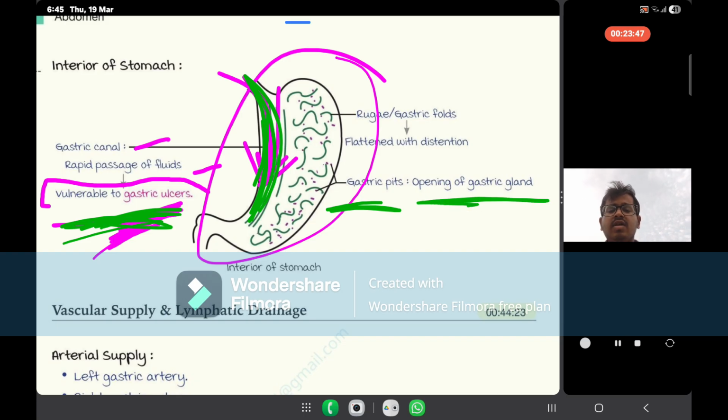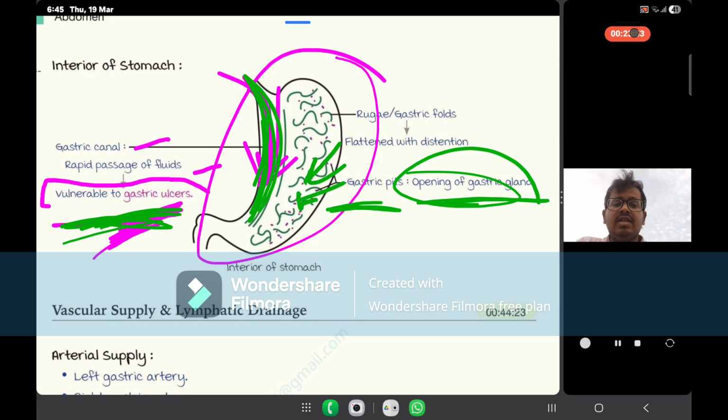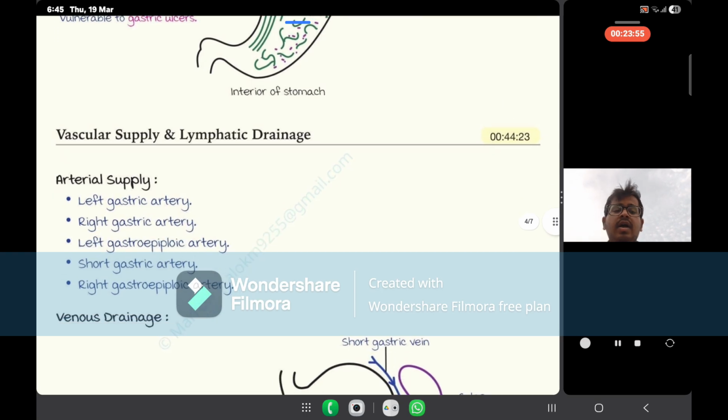We have gastric pits here also, the opening of gastric glands. Now in the anatomy, we have already studied the arterial supply, so we will not discuss it here.